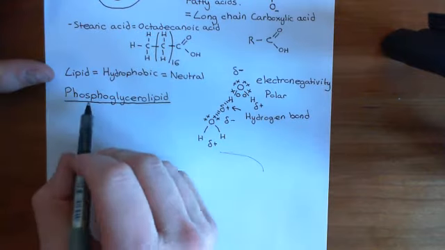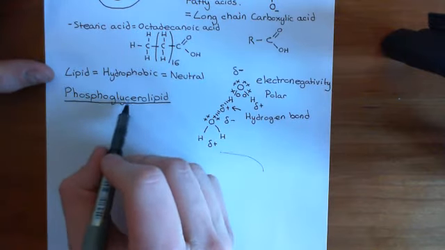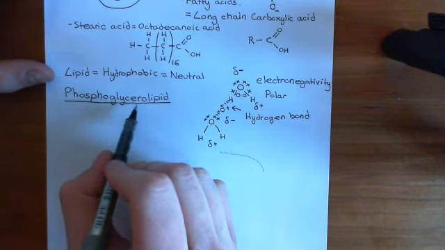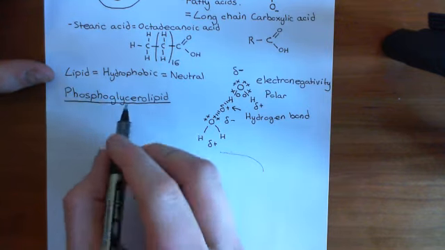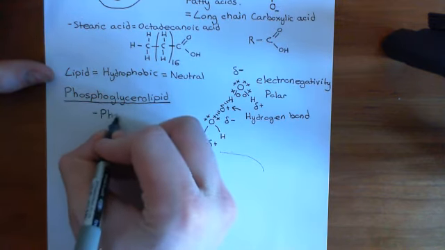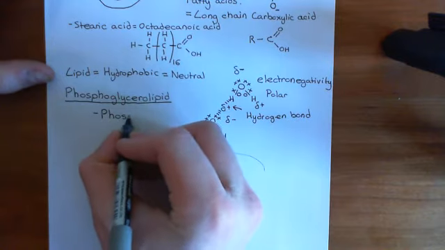Now, as the name suggests, these phosphoglycerolipids are all going to have glycerol within their structure. Okay, now, all of the phosphoglycerolipids are going to be based on the structure of a molecule called phosphatidic acid.